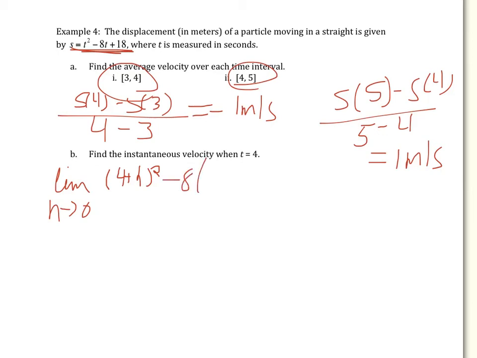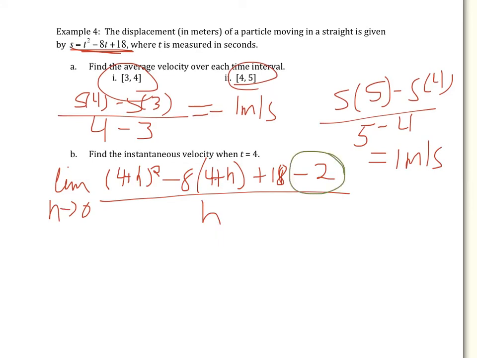I'm going to replace the second t with 4 plus h. And I have plus 18. Then I have to subtract off of that my f of 4. So if I go ahead and plug 4 into that original equation, which you've already done, hopefully you realize that that was equal to 2. That's all over h. So again, I got this 2 right here by plugging in 4 to this original equation.